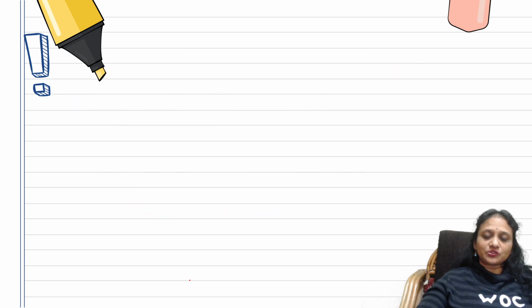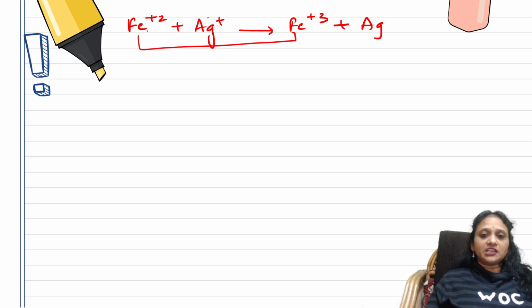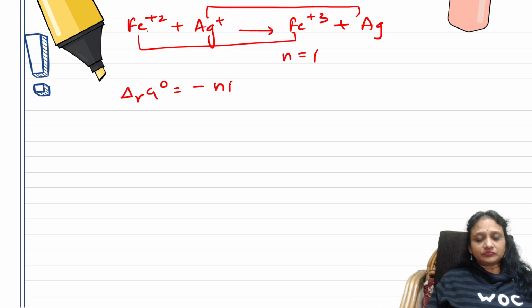Now, step 2 is what, students? I have to calculate delta G naught. Write the equation. This is the equation which they have given. Correct, no? So here I have to calculate n. Check: from Fe²⁺ to Fe³⁺, 1 electron. Ag⁺ to Ag, 1 electron. n is equal to 1. Delta G naught is equal to n, how much? 1.